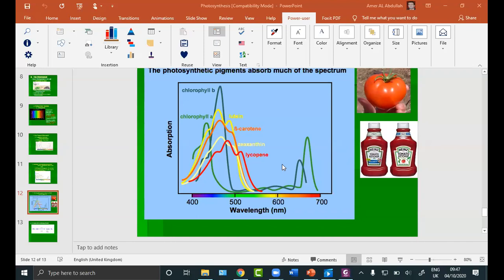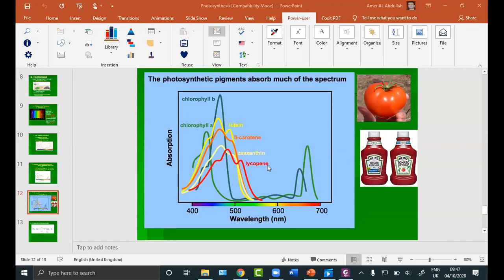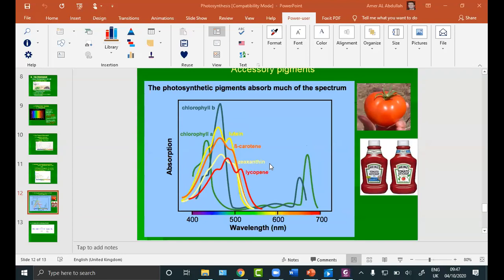Okay, in the previous lessons, we have talked about how photosynthesis and respiration are related. As we said, what happens to the products of photosynthesis?